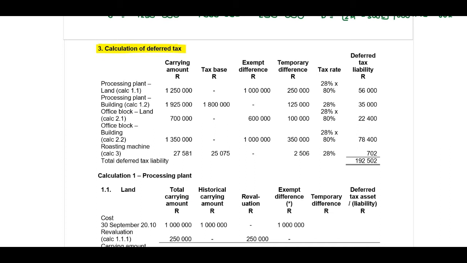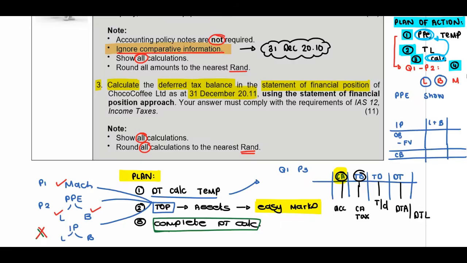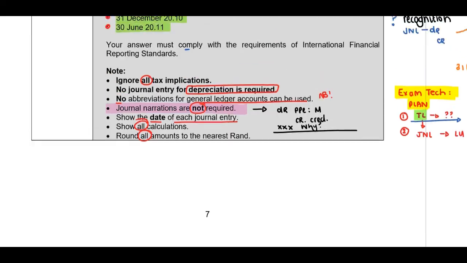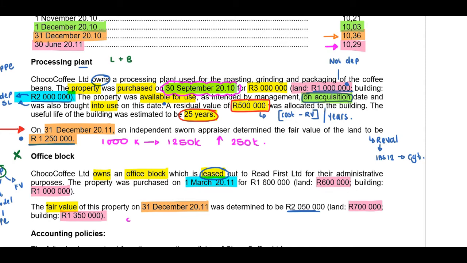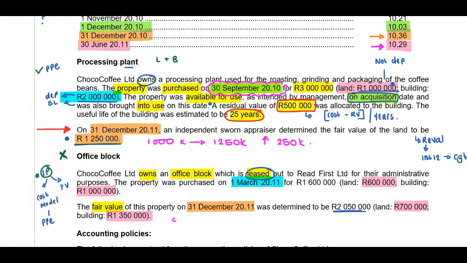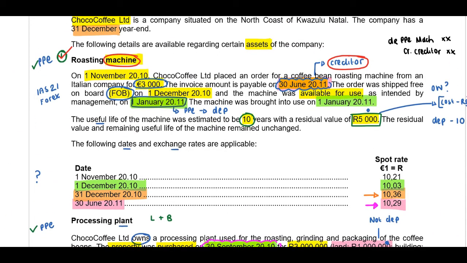Right. Now, if we look at the information provided briefly, remember we have looked at this in detail already. We have our machine, right? Therefore, we now need to determine the carrying amount of our machine. This is our easy mark. We've already calculated this in part 2.